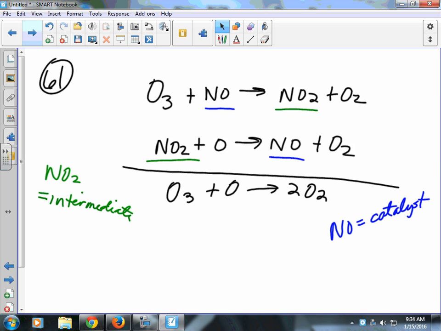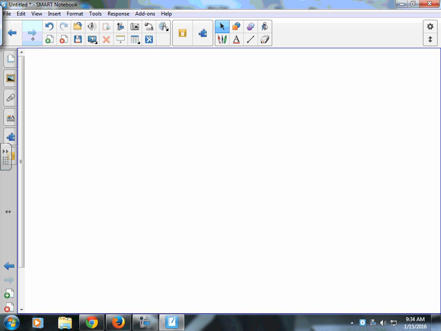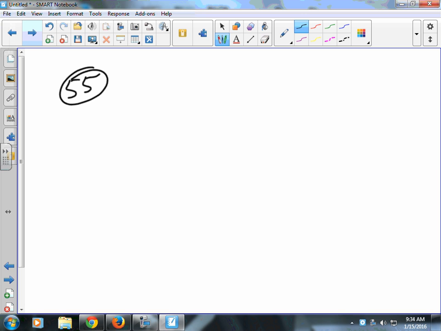Okay, on 55, it says we have a temperature of 25 degrees C. The first order rate constant is 2 times 10 to the third, 1 over second. And the activation energy is 15 kilojoules per mole.